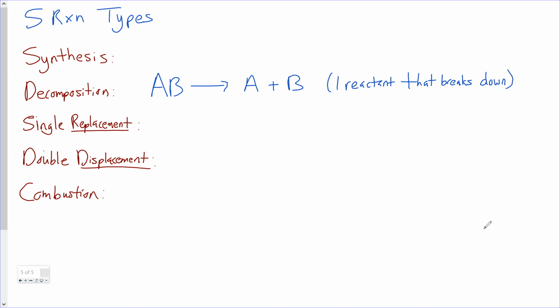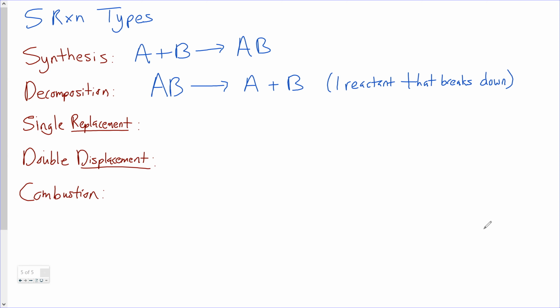Synthesis is going to be the exact opposite, using my letters. Could you tell me what I would write for synthesis if it's the exact opposite? A plus B, arrow, AB, excellent. All right, synthesis means you are synthesizing something.